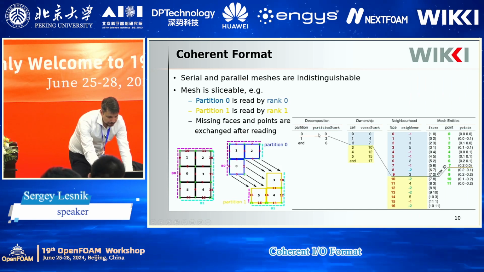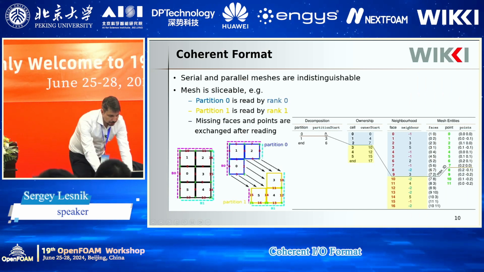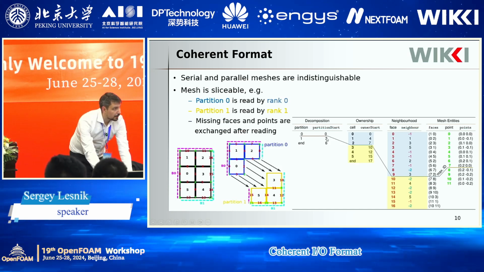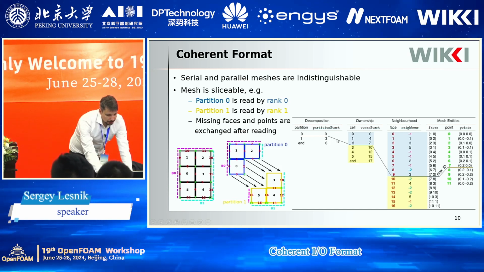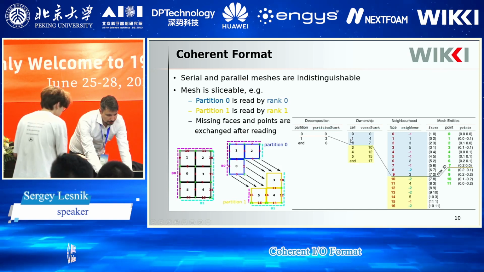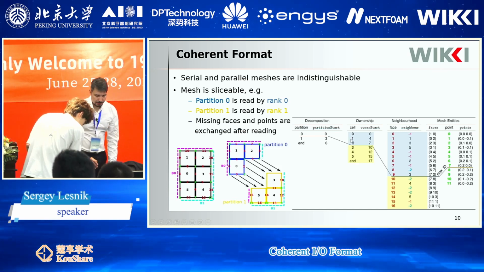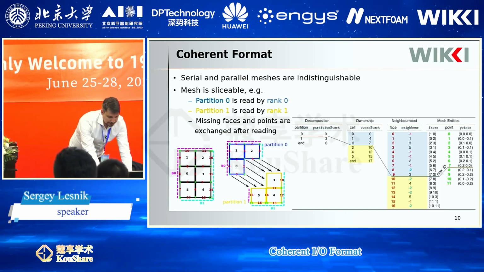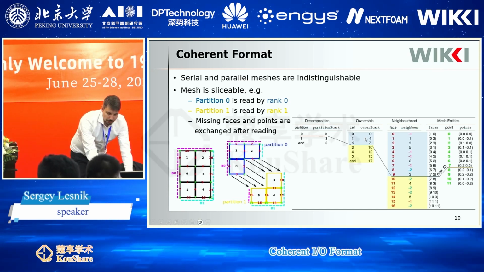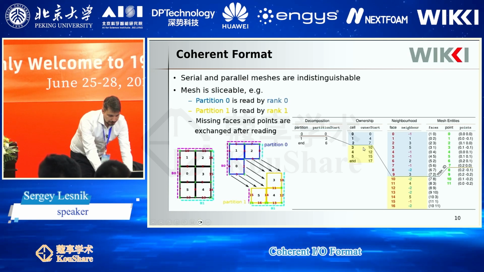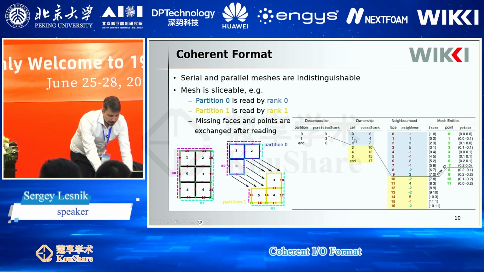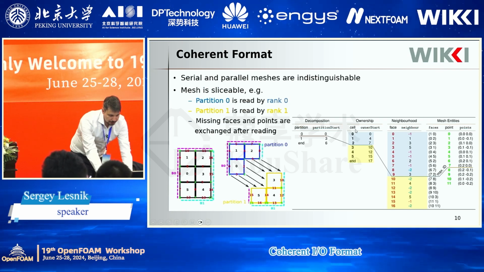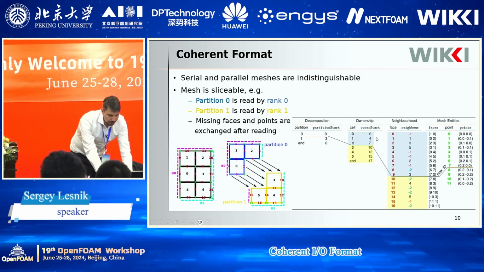Okay, so for partition 0, you start with cell number 0 and end with cell number 3, right? So I know I have to read the first three cells, 0, 1, 2.